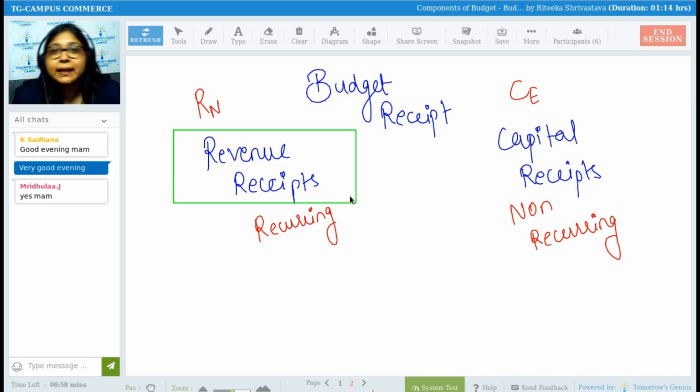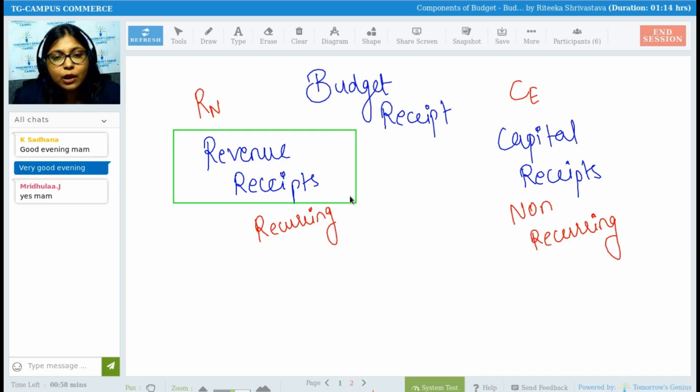As I said, when we pay taxes, we don't say to government that you are supposed to give benefit to me as an individual. Whatever government does, it is going to be for the entire country, for the entire economy. Then we said that tax revenues are recurring, regular in nature. So we already know revenue receipts are the type of receipts which are recurring in nature.